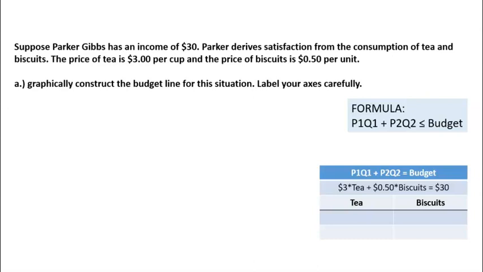Next, let's take a look at different ways to look at this problem with this equation. First, I would make a table, such as the one I did here. And our tea is $3 per cup, so I would type that in. $3 times the quantity of tea, plus 50 cents times the quantity of biscuits, is going to be equal to $30 or less than.